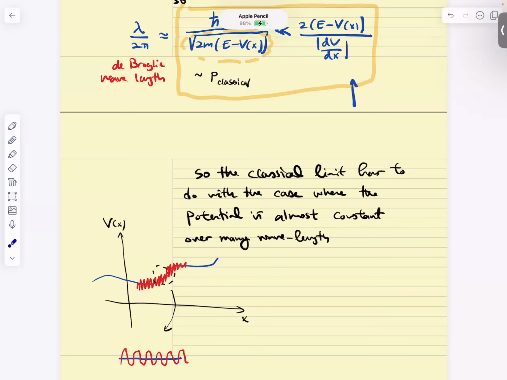Let me clarify this. I absolutely have to clarify this. So my energy eigenket in the WKB approximation was something like e to the power of i over h bar, integral from 0 to x, or whatever, dx prime square root of 2m times E minus V, minus iEt over h bar, right?